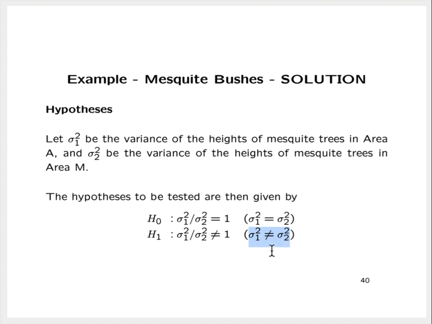When we're testing hypotheses about variances, we restate those in terms of a ratio, so this is equivalent to sigma 1 squared over sigma 2 squared being not equal to 1. The null hypothesis, the opposite of that, would therefore be that the ratio of the population variances is equal to 1, which is equivalent to the null hypothesis that the population variances are equal.